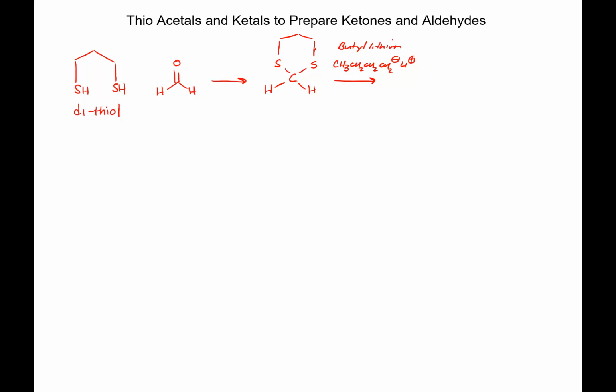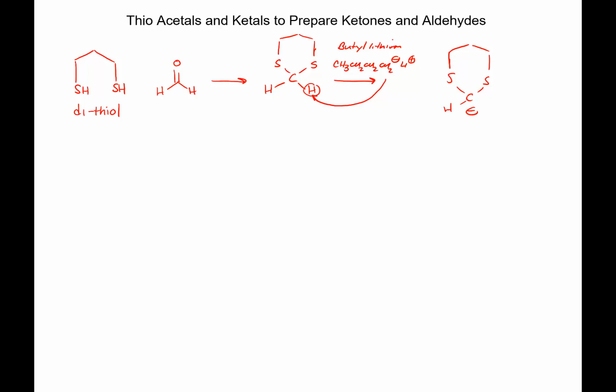Basically, it's a C-, it's a Grignard. So what it will do is come in and pull that hydrogen off. And so I end up forming a C-. I deprotonate this hydrogen and I make a C-.